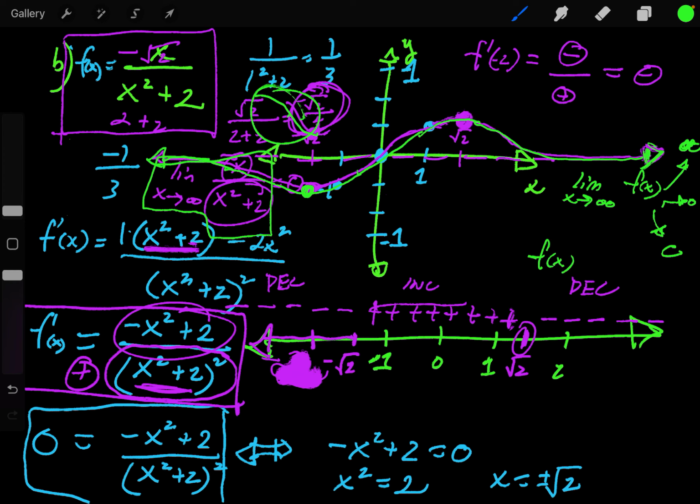In this case, the numerator is x, which is degree 1. So the degree of the numerator is less than the degree of the denominator, which is x squared. And if the degree of the denominator is greater than the degree of the numerator, it goes towards 0, like in this case, right? The degree of the denominator is 2, the degree of the numerator is 1. So the horizontal asymptote is y equals 0. It approaches the x-axis, like in this curve that I sketched here.